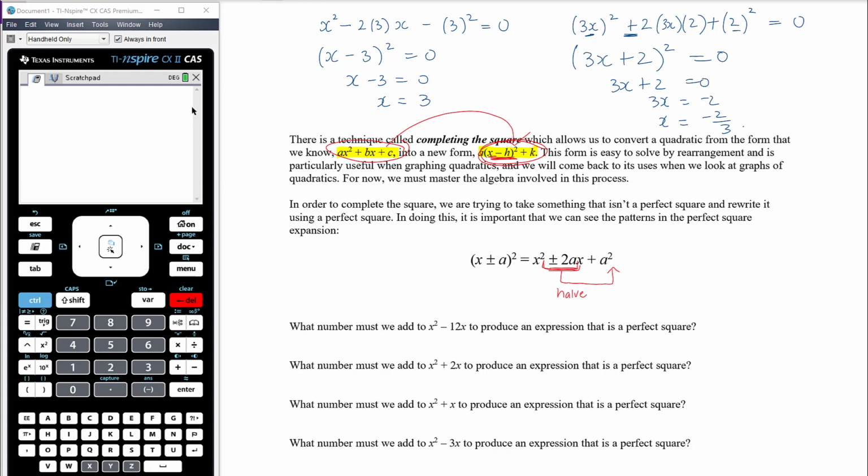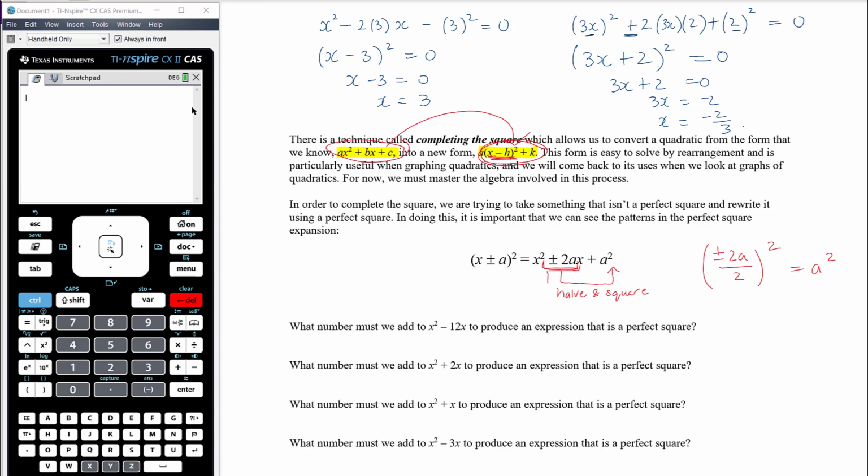When we halve it, it will become plus or minus a, and then when we square plus or minus a, we'll get a squared. So if you take positive or negative 2a and you halve it and then you square it, you get a squared. We want to halve and square the coefficient of x to produce the constant term that will make a perfect square.